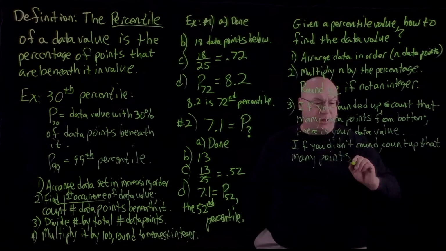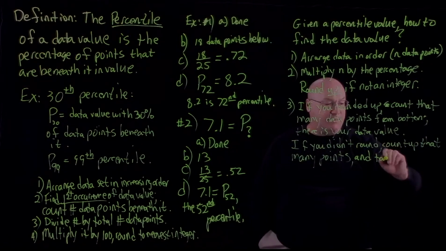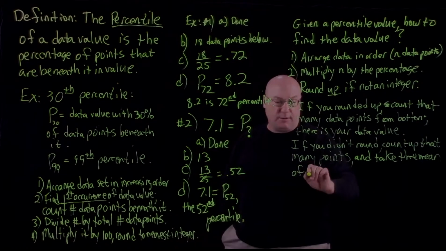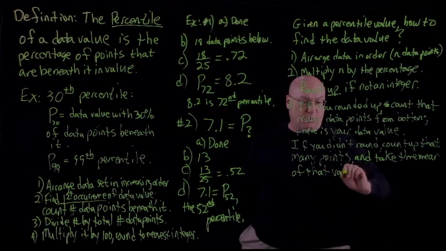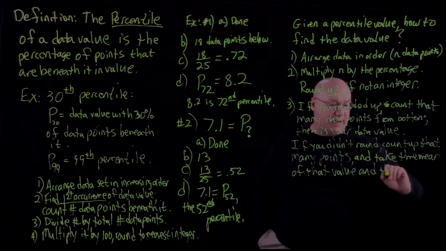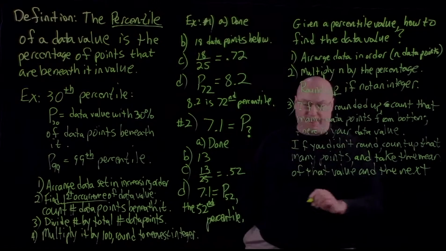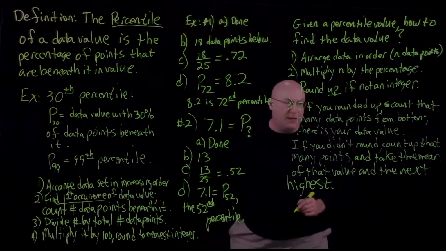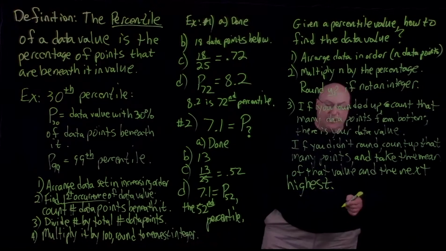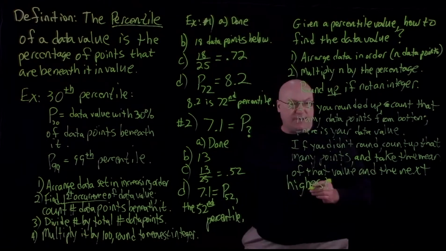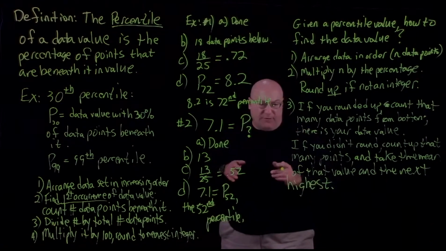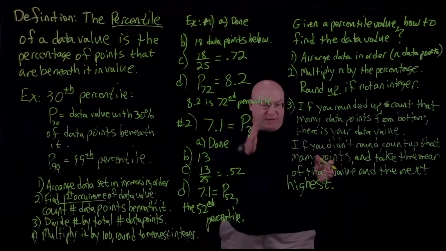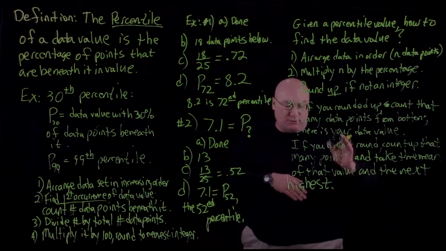You count up that many points and take the mean of that value and the next highest. Okay, it's maybe a little bit confusing, but that will give us a better, if not perfect, estimate of the data value that has that percentage of points beneath it.